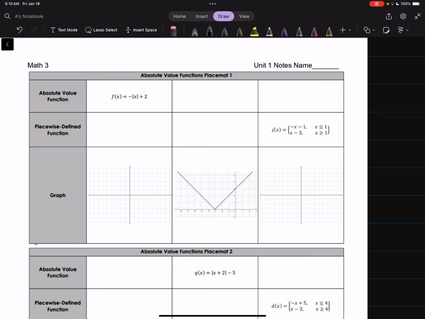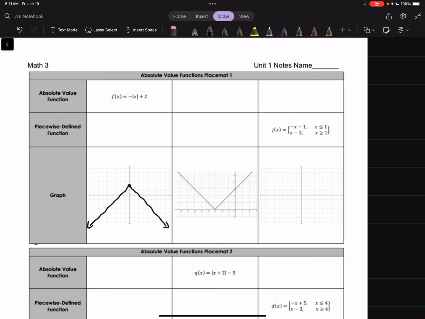Okay. So negative absolute value of x plus 2. We have a vertical shift up 2, a reflection over the x-axis. So there's our graph. If you would like to use Desmos, use Desmos to graph these.